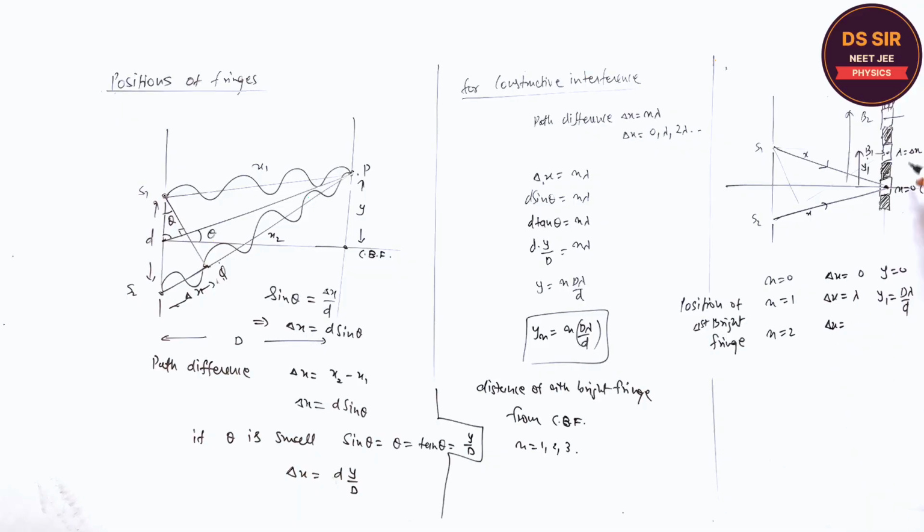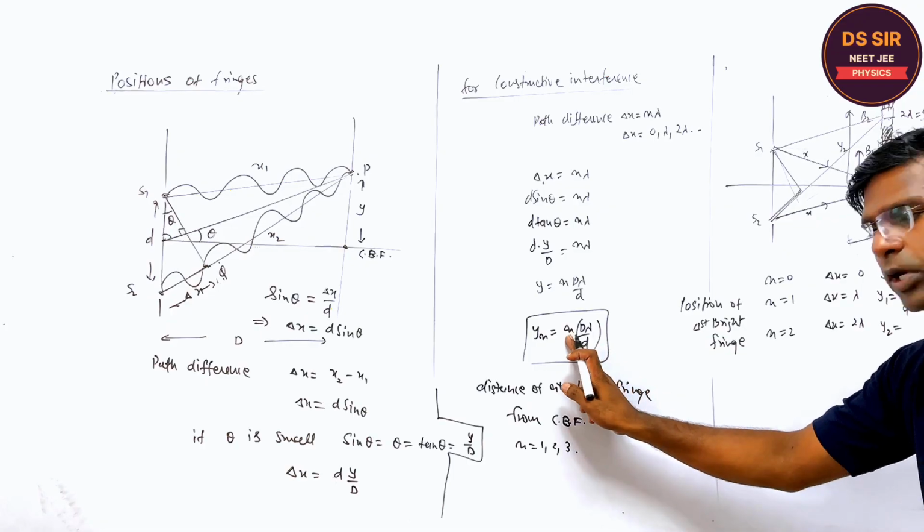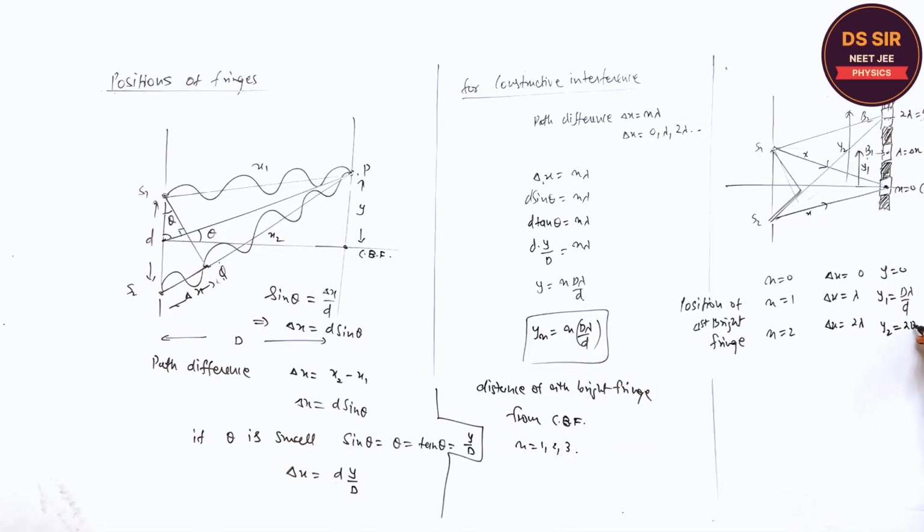What is the path difference at this point? If two waves are reaching in this way, there will be a path difference. What is the path difference? 2 lambda. Is it clear or not? Here the path difference is 2 lambda. And what will be the y2? Put n is equal to 2, so y2 is 2d lambda over d.